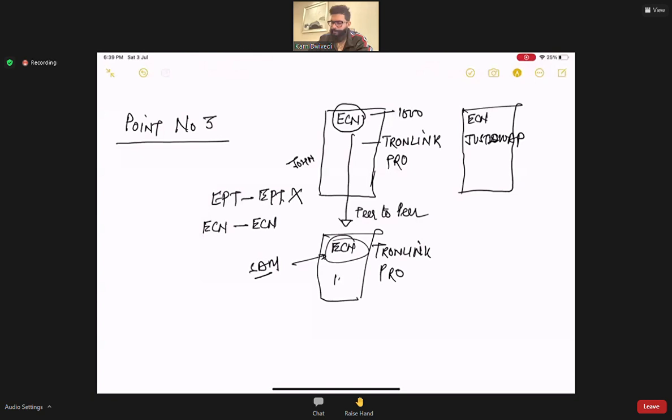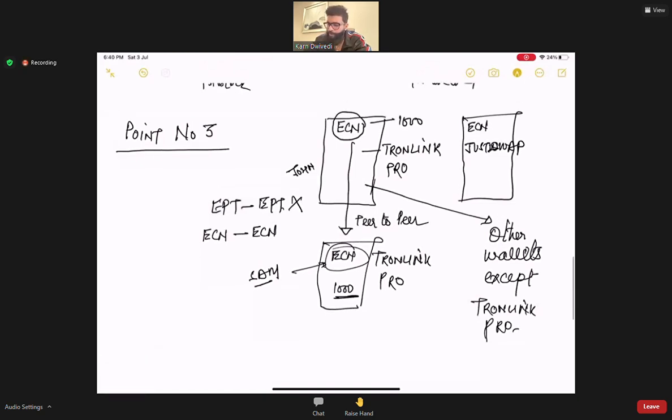Sam will have 1000 ECN in his wallet here. But if you transfer from a TronLink Pro wallet to other wallets, other than TronLink Pro, you will lose your ECN. You will not get this transaction.